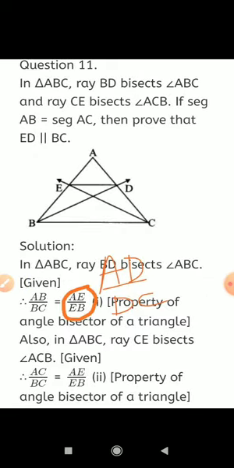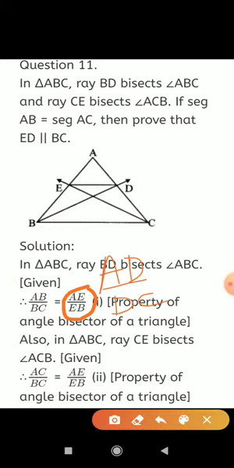Then next, question number 11. In triangle ABC, ray BD bisects angle ABC. So BD is the bisector of angle ABC, and CE bisects angle ACB.